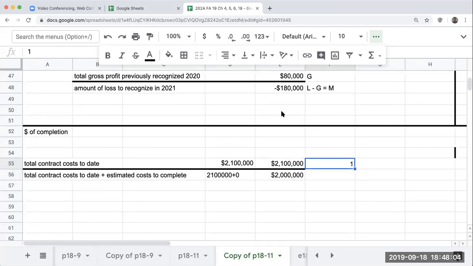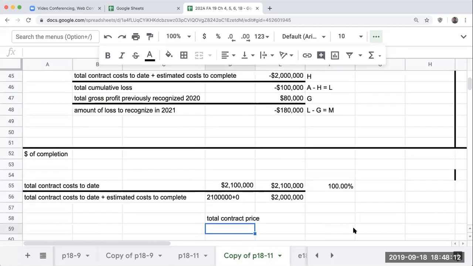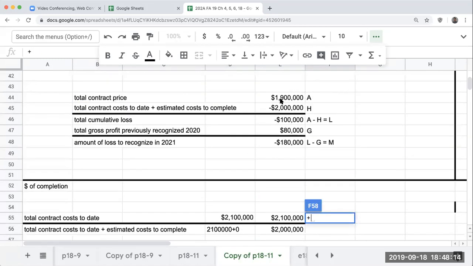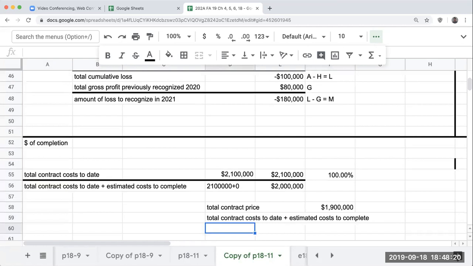So what I now need to say to myself is, okay, my total contract price is 1.9 million. My total contract cost plus my estimated cost to complete are going to be over here at 2.1 million.